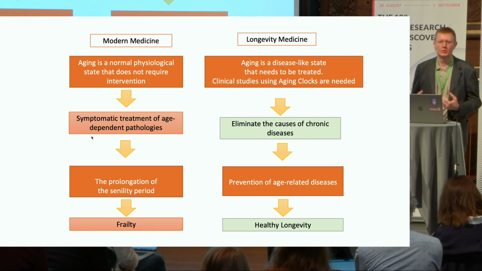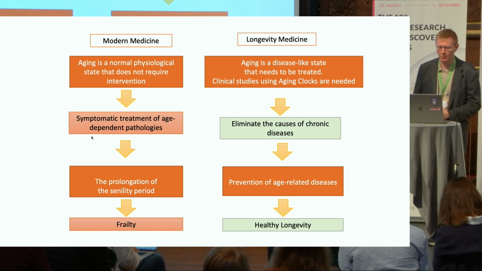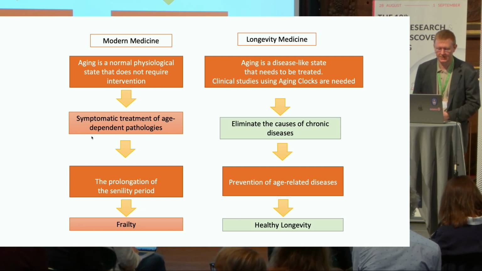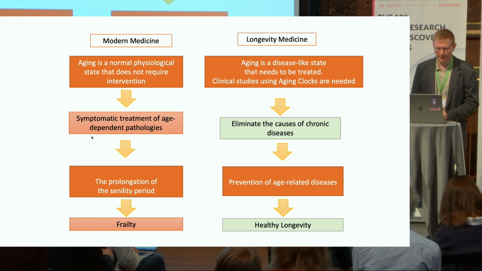We will do as many clinical studies as possible using aging clocks and eliminate the causes of chronic diseases through these clinical interventions, and prevent age-related diseases, which could allow us to reach healthy longevity.